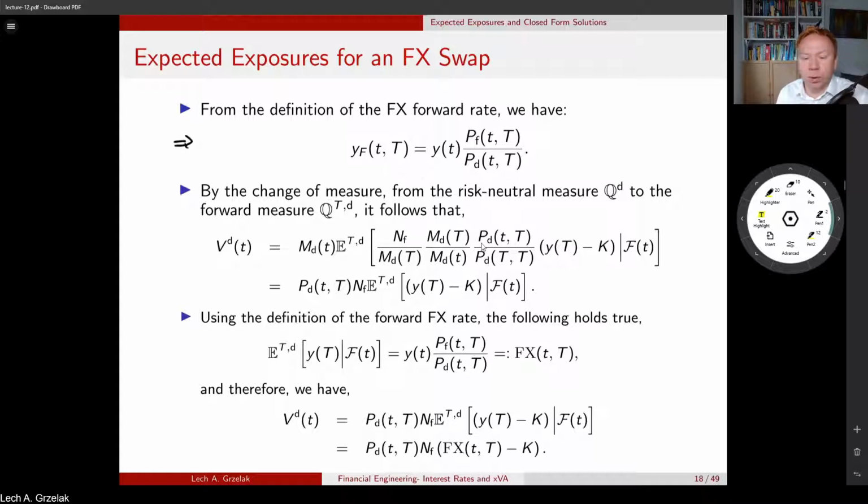But what we will do, first we take this expectation, and we change the measure to the T forward measure. So instead of the money savings account, we have a domestic zero coupon bond as the numeraire. Of course, this is gone, this is 1, this cancels out with this. The notional we can also take outside the expectation because it's constant.